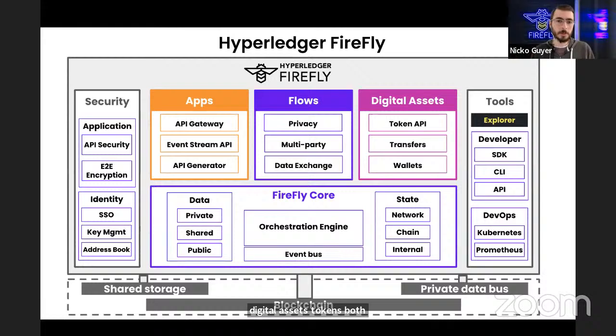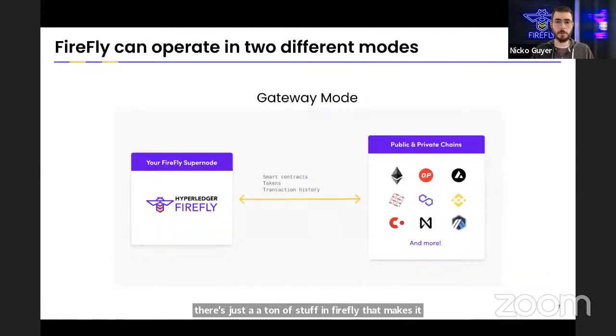There's a great user interface that we'll look at in just a minute for seeing token balances, transfers, managing wallets, that sort of stuff. I'm going through this really fast, but there's just a ton of stuff in Firefly that makes it really easy to build applications on top of blockchain.